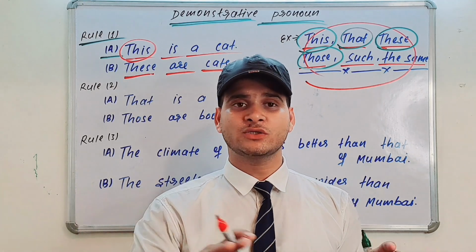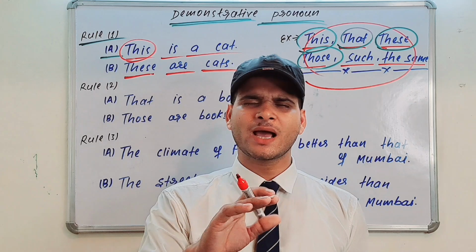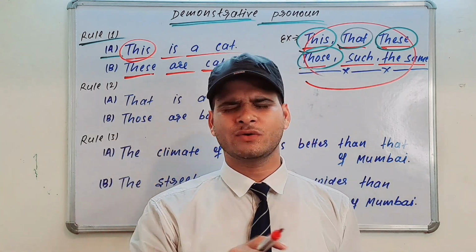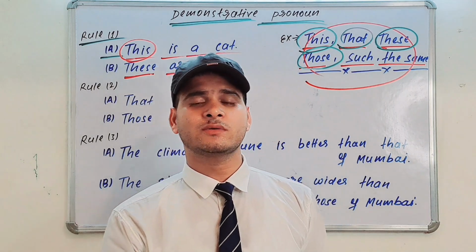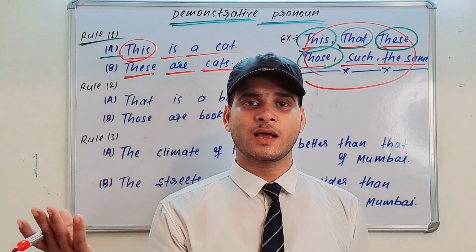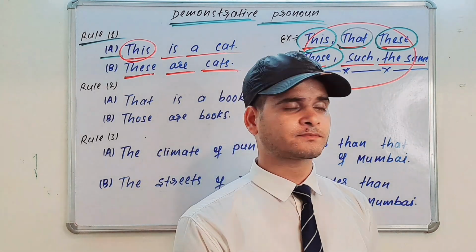If it is not around you, you can't use "this". That is a pen, not "this is a pen", because "that" is used to point out distant singular nouns, and "those" distant plural nouns.